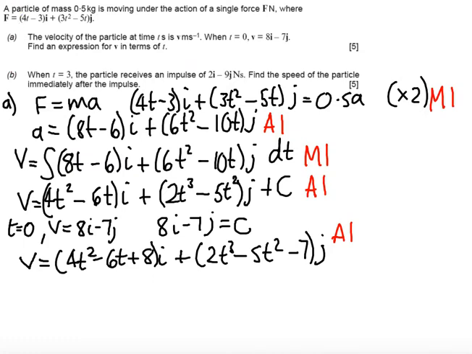Okay then, so let's look at part B. Part B says when t equals 3, the particle receives an impulse of 2i minus 9j Newton seconds. So find the speed of the particle immediately after the impulse. What we're told here is that J equals 2i minus 9j Newton seconds.